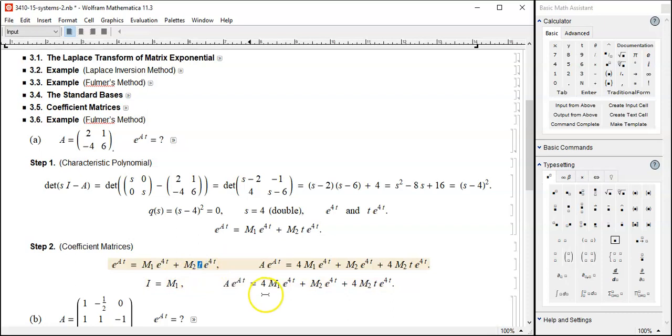Next, I'm plugging in t equal to 0 to this guy, so we have e to the 0 power. Again, this is identity matrix I, so times something, it stays the same. Next, plug in t equal to 0, so that's 1, so it goes away, and this is 0, so it all goes away, and this is what we get. Looks like we have this system of linear equations.